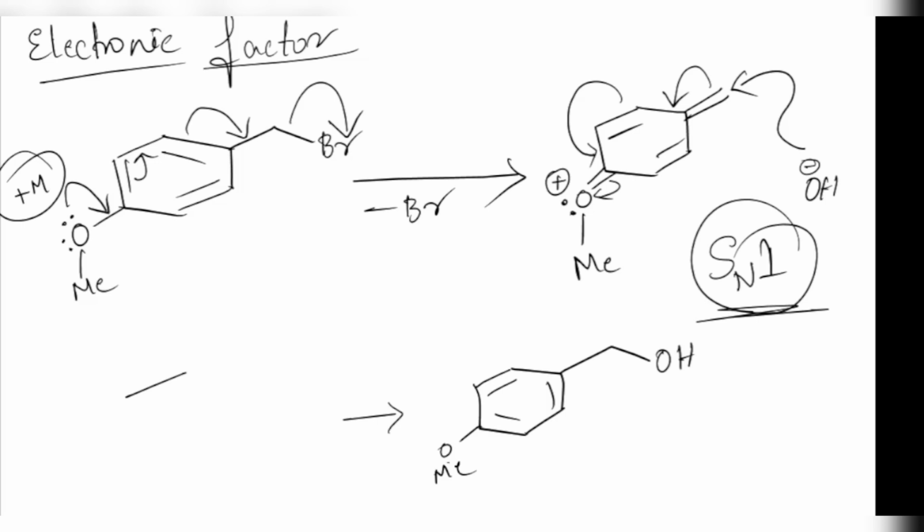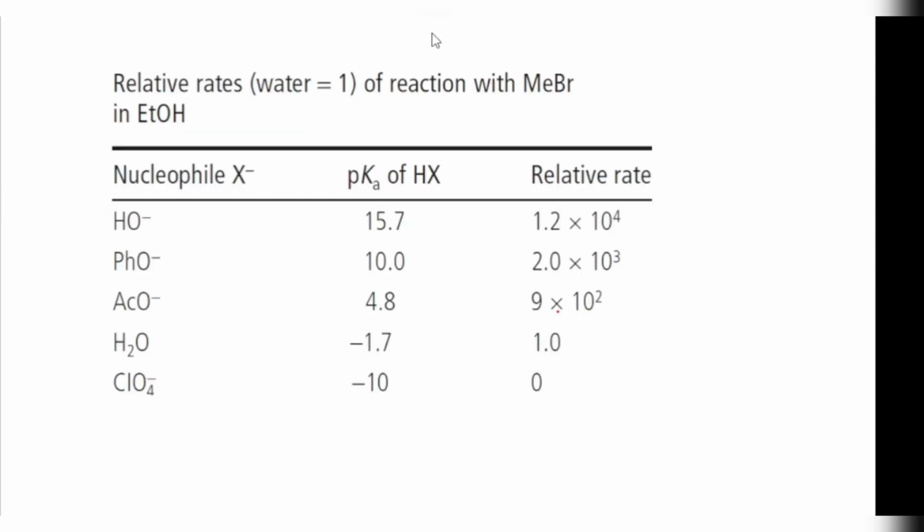And here we can observe the relative rates with respect to water, that is with water the reaction rate is only 1, for reaction with Me, that is methyl bromide in ethanol. This is the nucleophilicity they are giving over here, and the pKa value of the corresponding conjugate acid.